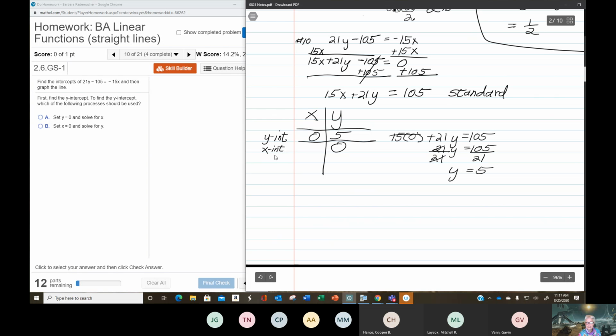Now we're going to do the same thing and find the x-intercept. For the x-intercept, the y-coordinate is always 0. So here we go again. 15x plus 21y equals 105.